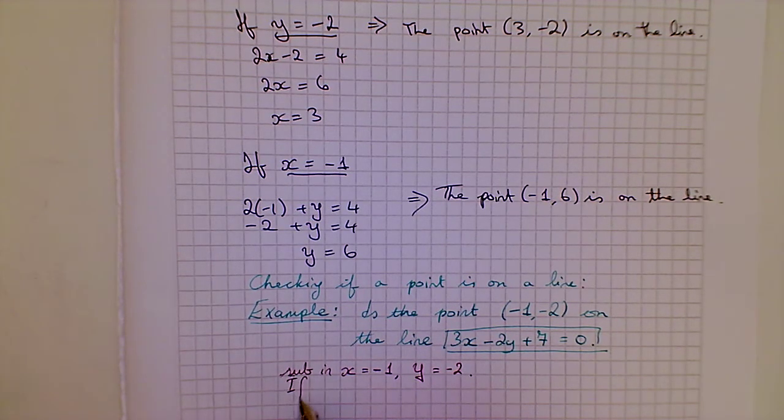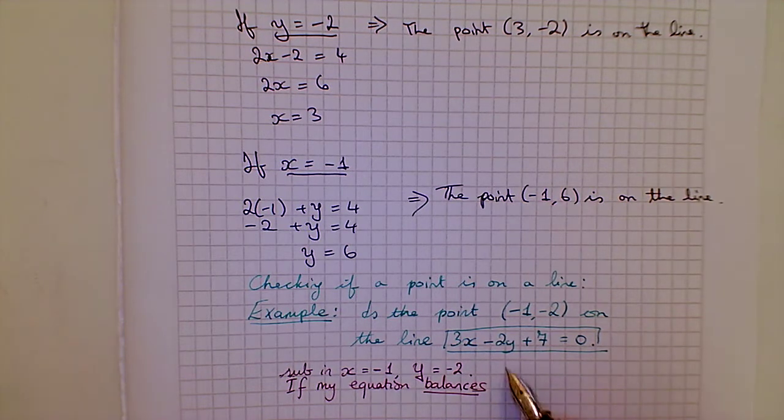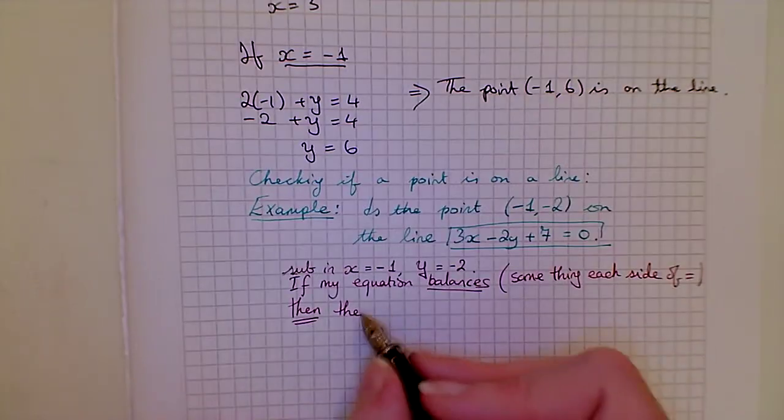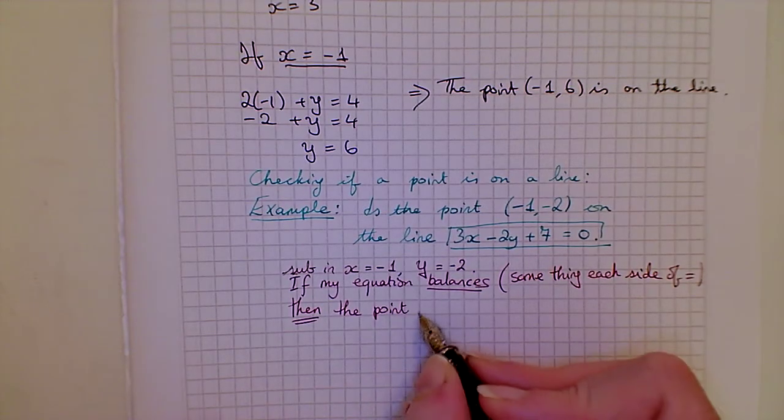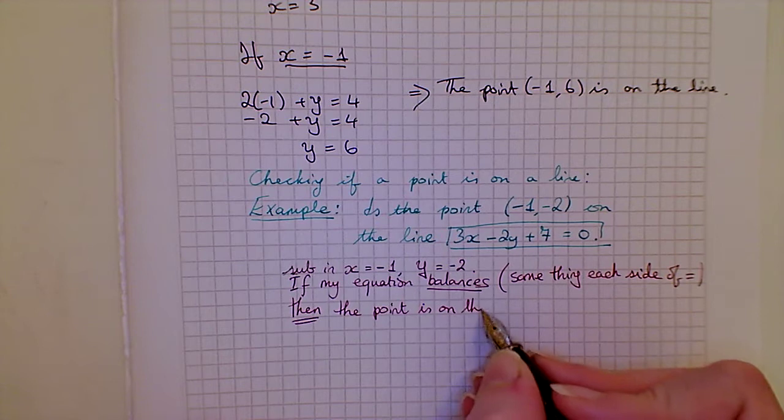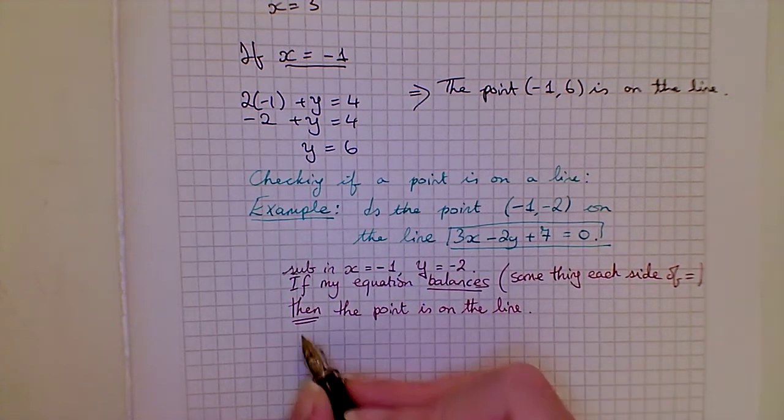And if my equation balances, that means I've got the same thing on both sides of the equal sign, then the point is on the line. Otherwise, it's not.